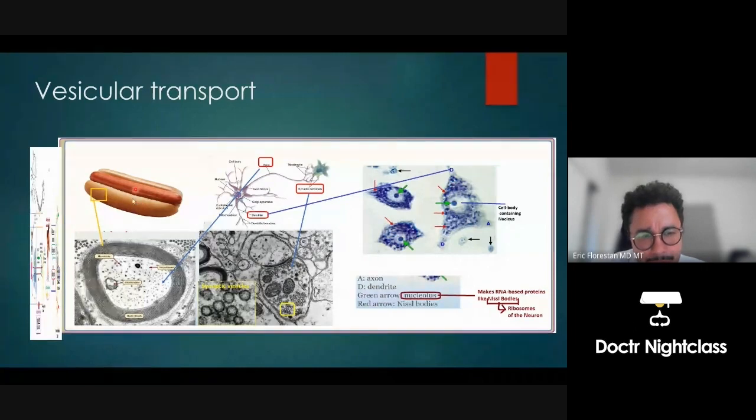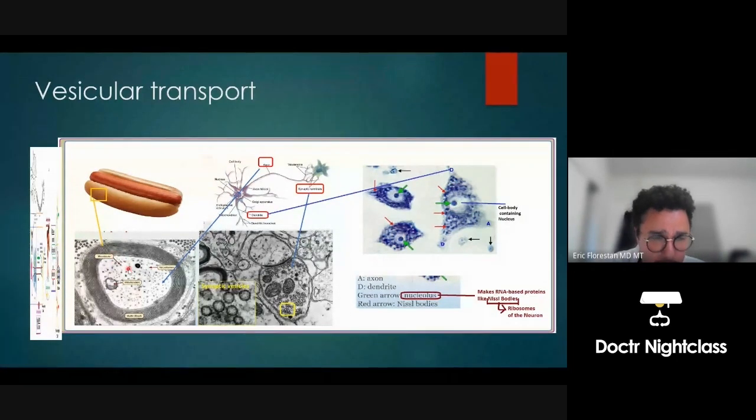So we wrap myelin around the hot dog. We wrap myelin around the axon, okay, to make it bigger. So this structure has to be the myelin. This has to be the hot dog bun, right? And there have to be microtubules in there.